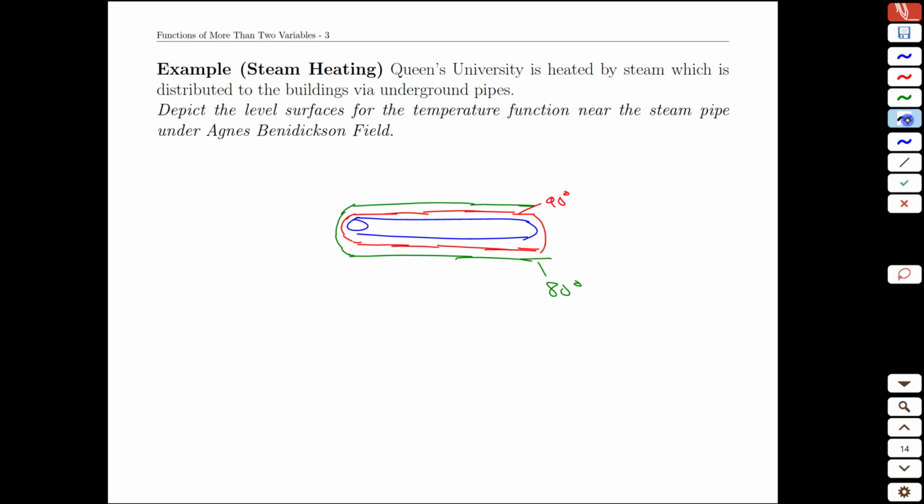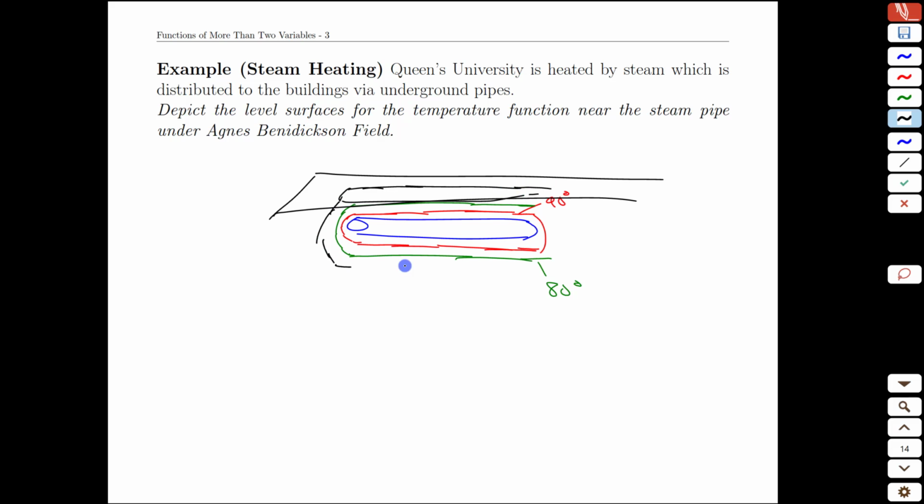And if we encounter the ground somewhere on top of all that, you might see that nice cylindrical shape kind of flare out a bit, and you might see a patch up here reaching to the ground where things are at 70 degrees.